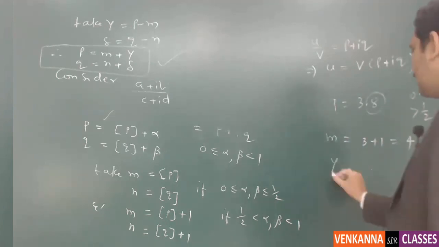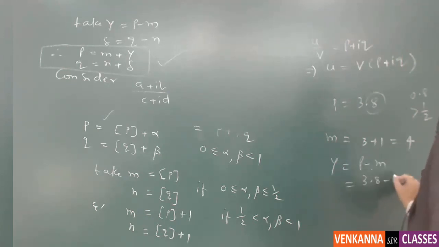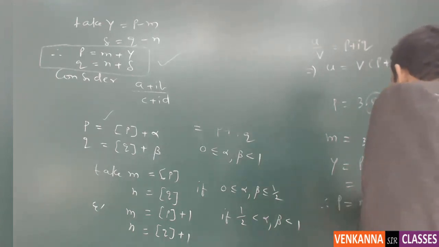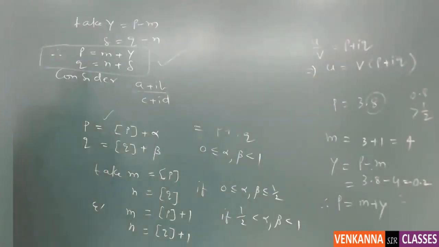And gamma is equal to p minus m, nothing but 3.8 minus 4, which is minus 0.2. Therefore, p is equal to m plus gamma will hold. Accepted?